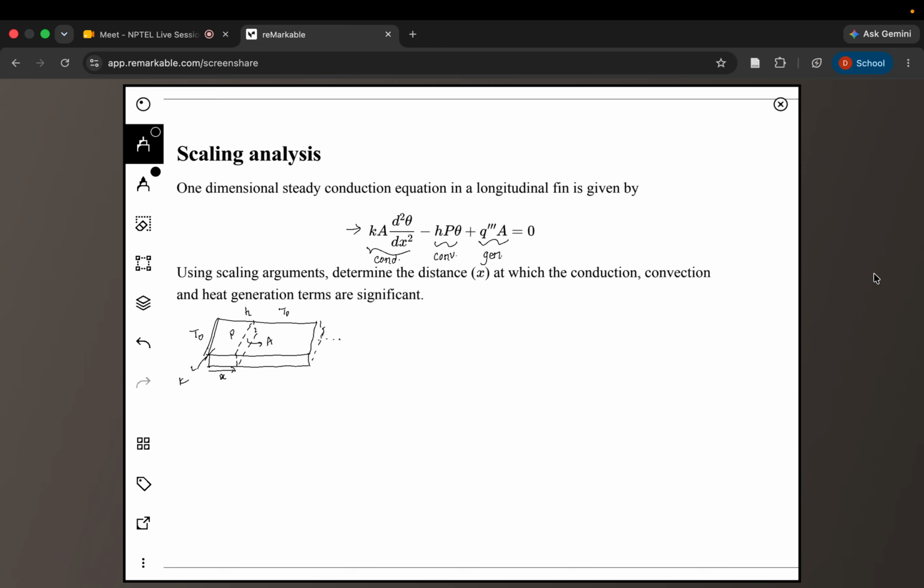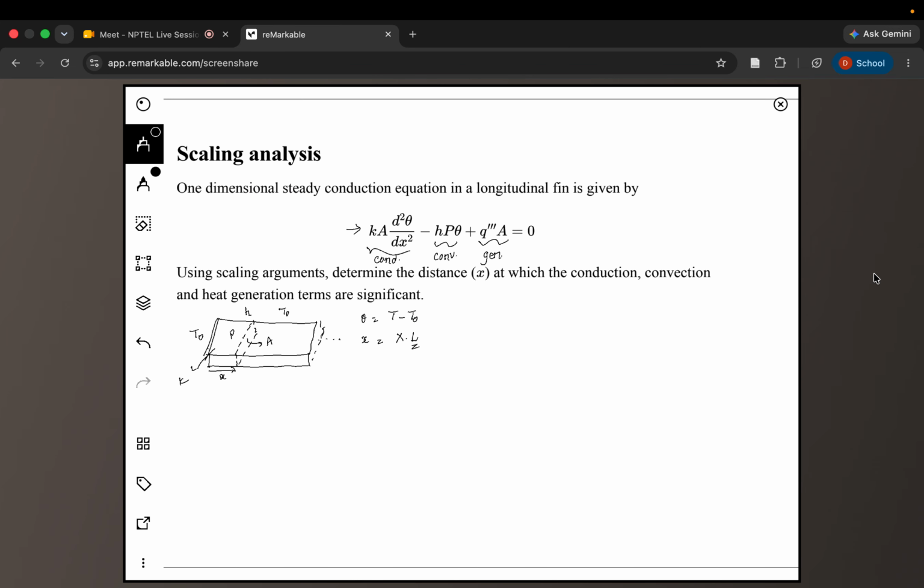The first thing when we start with scaling analysis is we do some kind of non-dimensionalization so that we can estimate the order of magnitude of each of the terms in the differential equation. So in this particular case, we can write this as, or I'll just use a non-dimensionalization where theta is given, I have directly written the equation in terms of theta, where theta is given by T minus T naught. And then we also have x, let's say we non-dimensionalize it by capital X times some length.